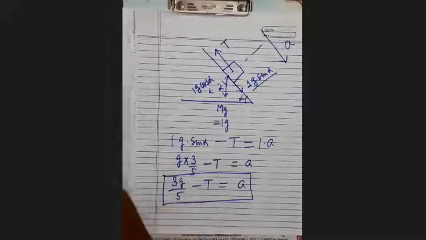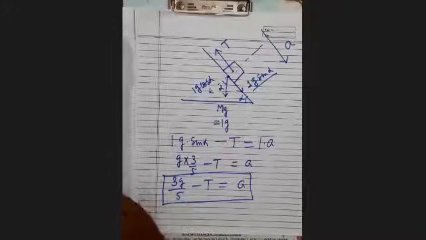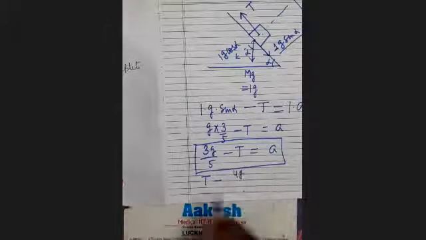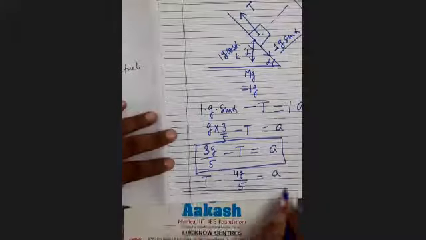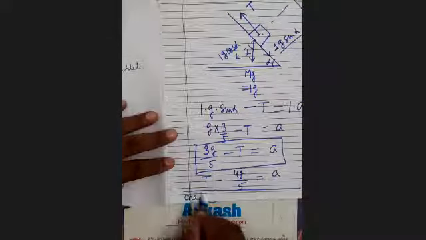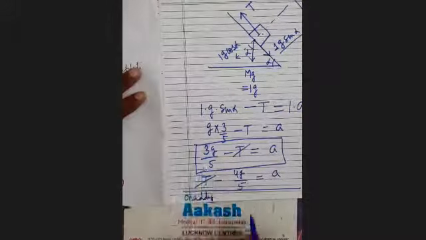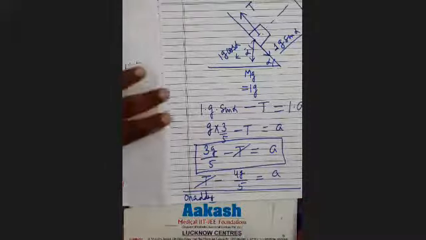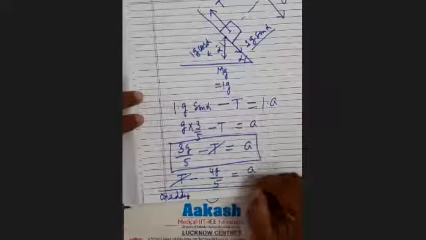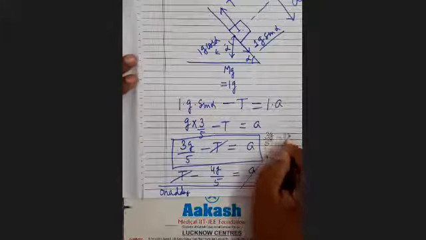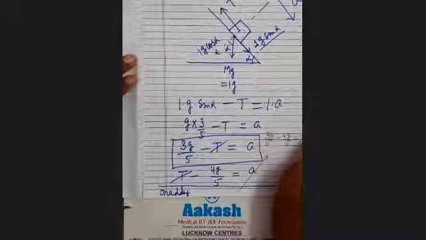Now we will solve it simultaneously to find the magnitude of acceleration. So write down the first equation, T minus 4g upon 5 equals A. On adding, T and T will be cancelled. 3g upon 5 minus 4g upon 5 equals A plus A, that is 2A.